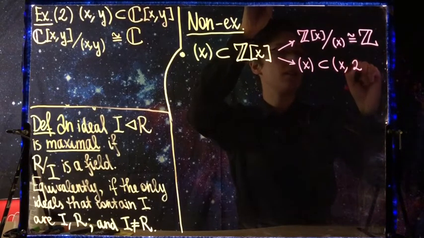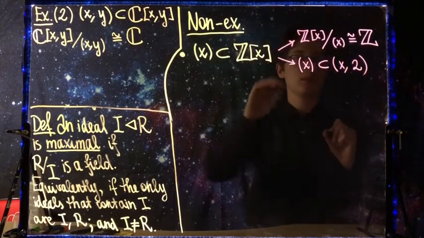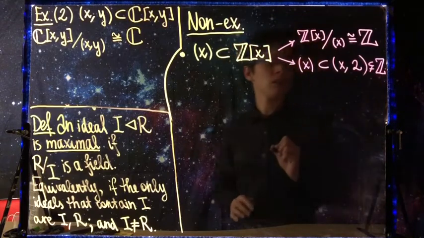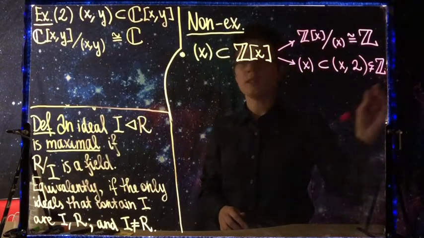It is the ideal generated by x and 2, which lives in Z[x] and is not a unit ideal.